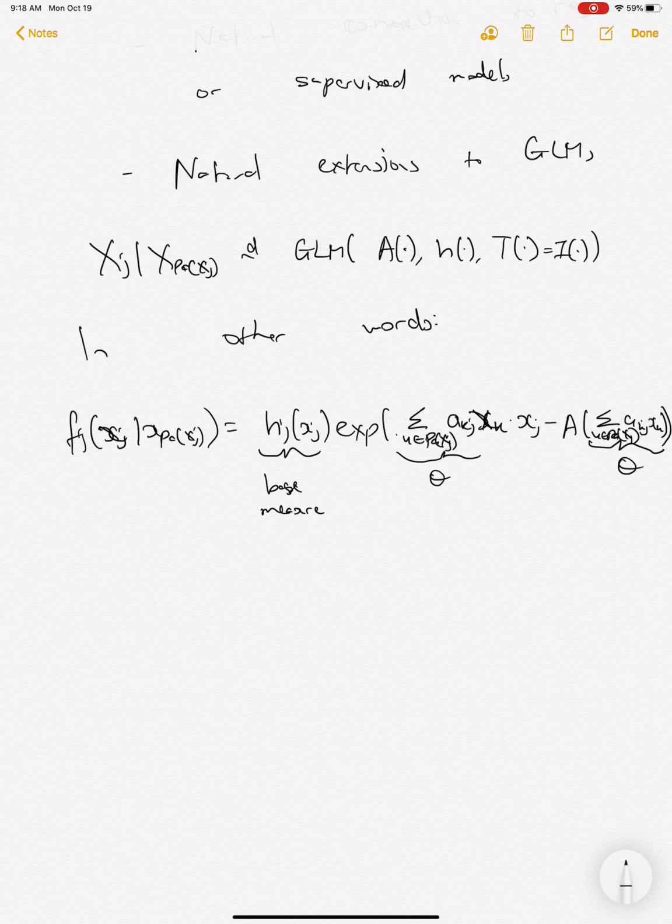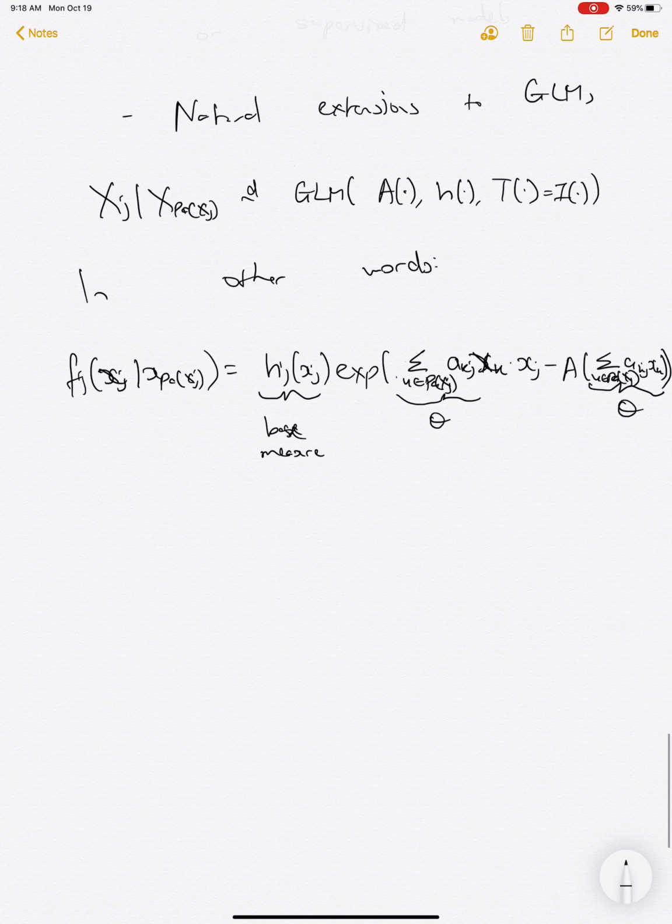Okay, so this is another. This naturally extends to GLMs as well, because it naturally defines the conditional PDF.